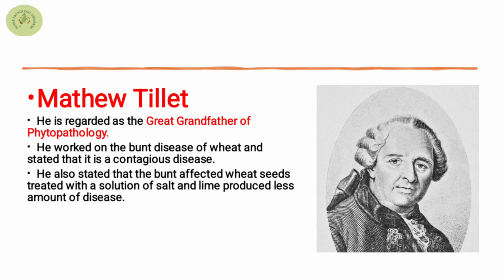Okay, and he also stated that if we use a solution of lime and water on the bunted seeds, the number of diseased seeds will be less, right? So here he has given an insight about the management of bunt by using salt and lime. Lime is then used in further other formulations as a plant disease management compound. Okay, so that is about Matthew Tillett.